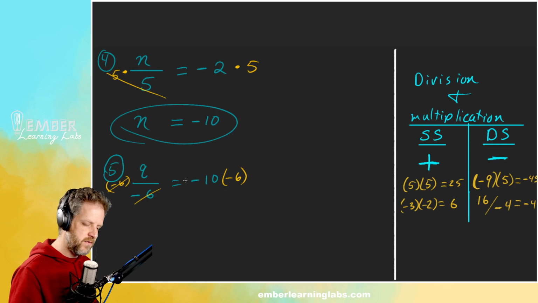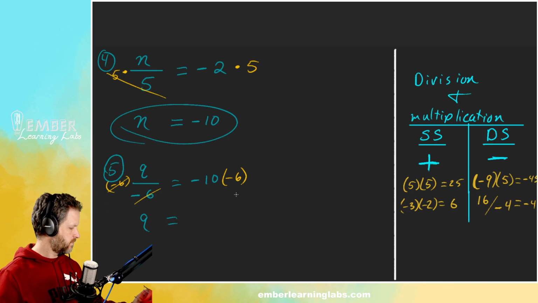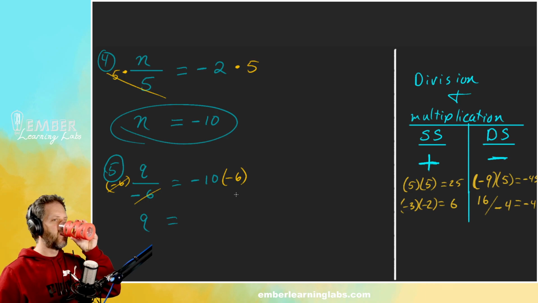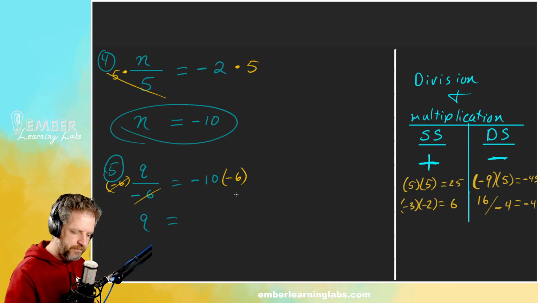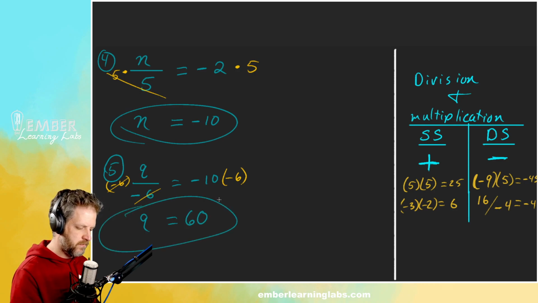Those cancel, leaving us with Q. And then what's negative 10 times negative 6? Negative 10 times negative 6. 60. Correct. Correcto.